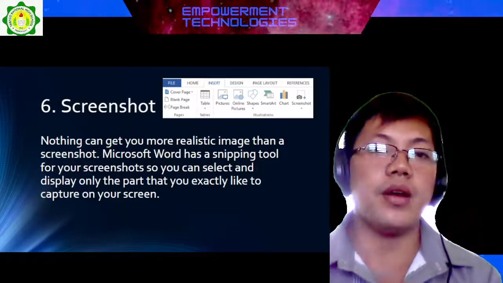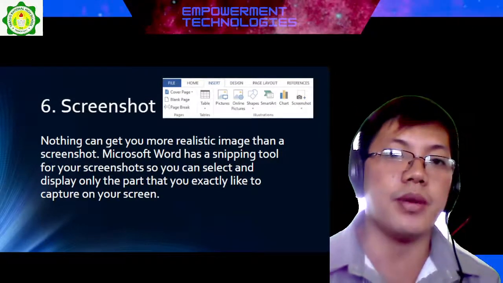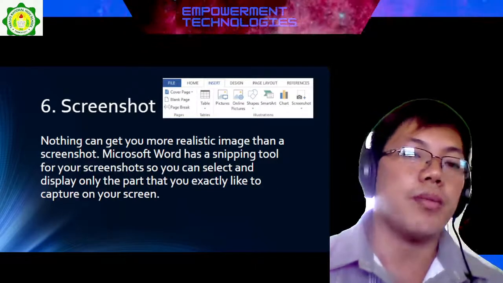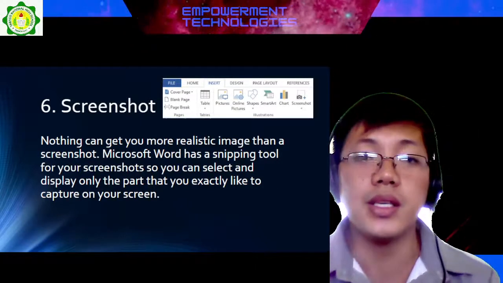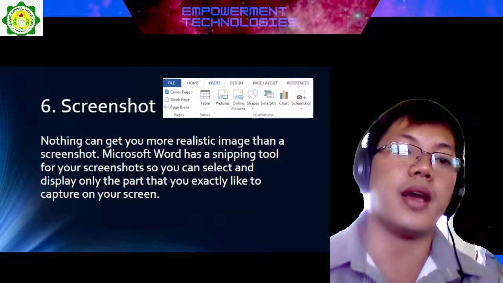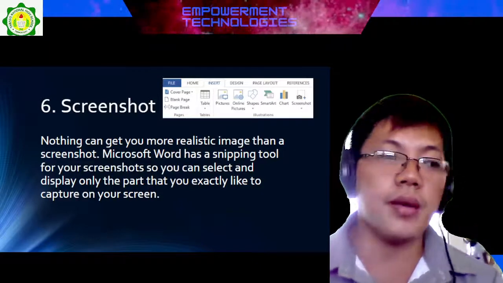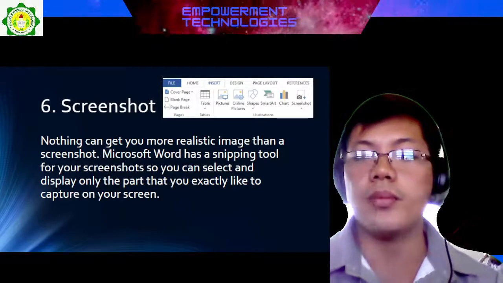Also, we have here a screenshot. So nothing can get you more realistic image than a screenshot. So Microsoft Word has a snipping tool for your screenshot, so you can select and display only the part that you exactly like to capture on your screen. But most of the time, if you're using your phone, this should not be a problem.